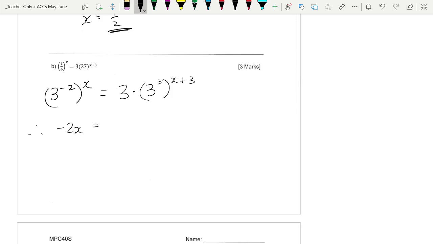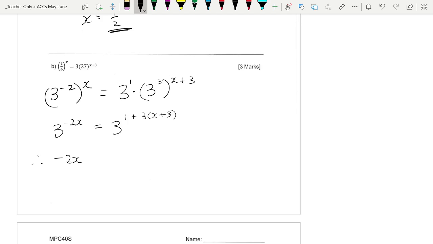Now that I think about it, this is a lot of thinking in my head. Why don't I simplify this first? Power of a power, that's negative 2x. And here, remember this is 3 to the 1. When you multiply powers that have the same base, you add their exponents. But these two exponents, of course, are getting multiplied. So there. Now I'll make my equation.